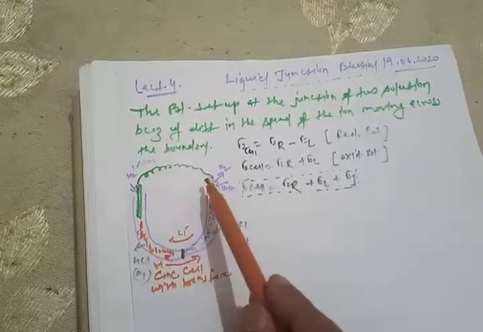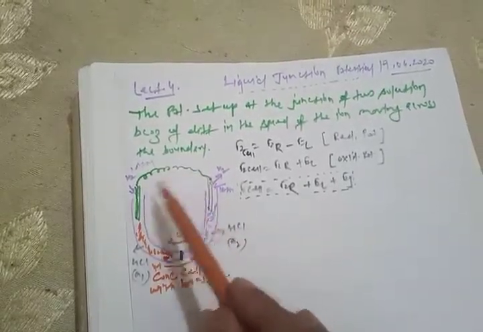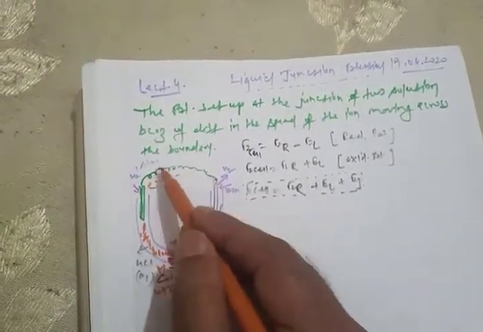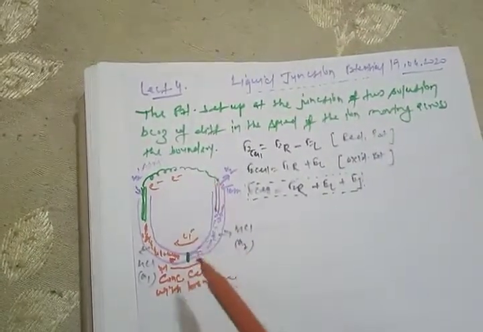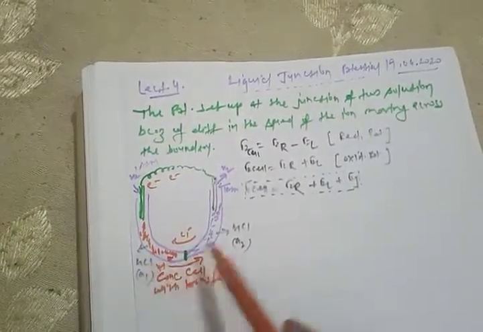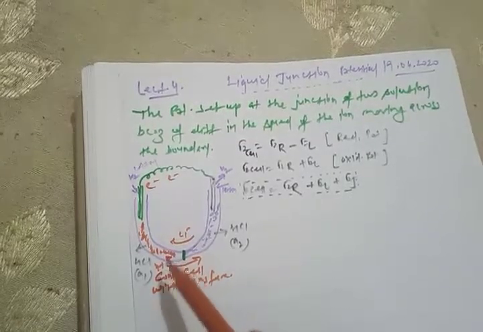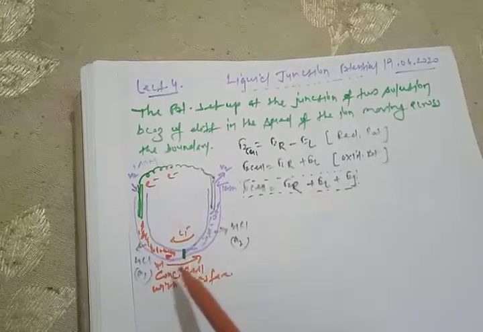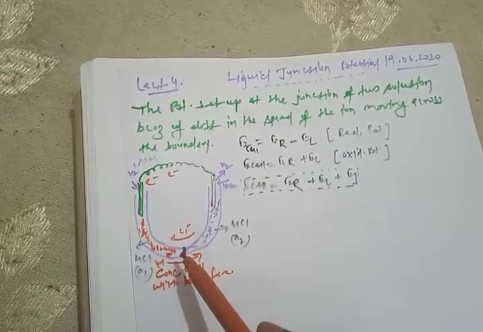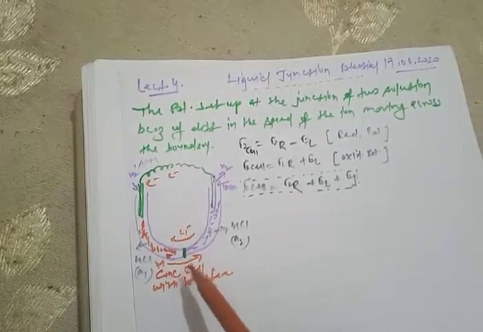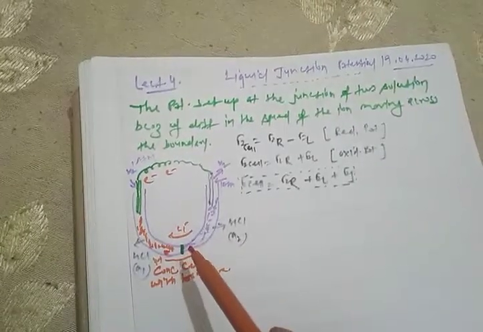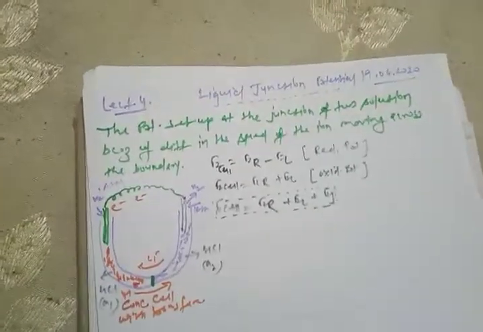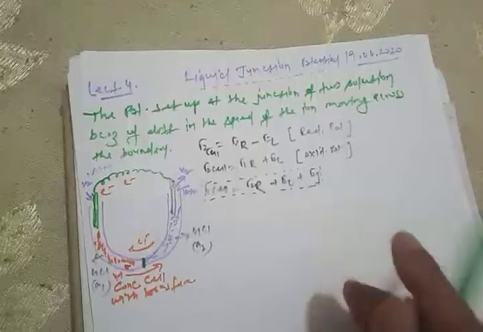One is from this external source, where we have some potential, and because the flow of electrons occurs, some potential is generated. And because of the migration of these ions, which we had already discussed in transport number, there must be some potential generated. So this is the potential difference, and this potential difference we will need to calculate in liquid junction potential.